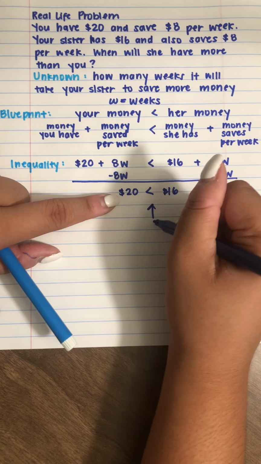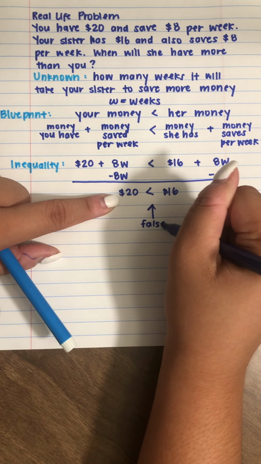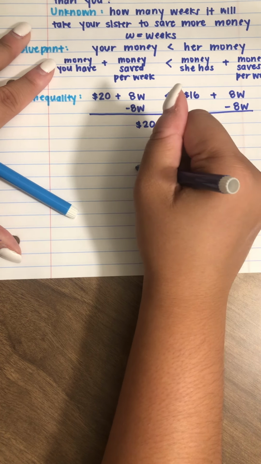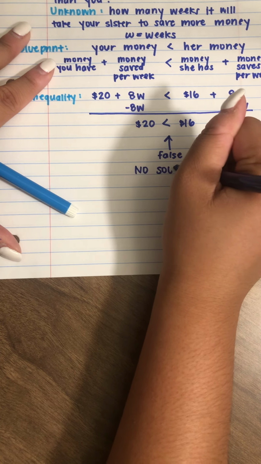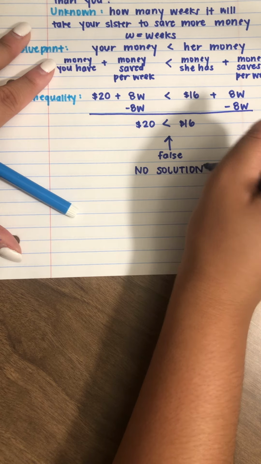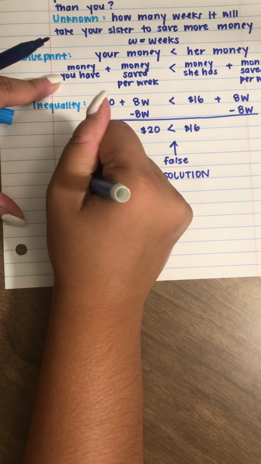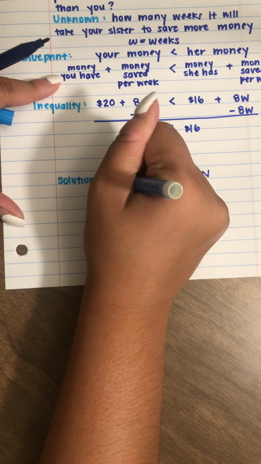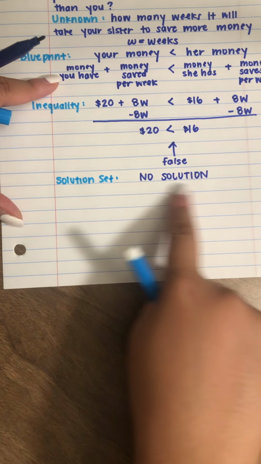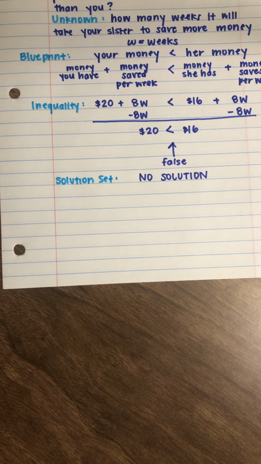This is a false statement, meaning that we have no solution. So you can say that our solution set is there is no solution. We have no solution set.